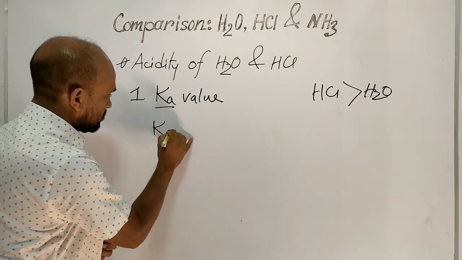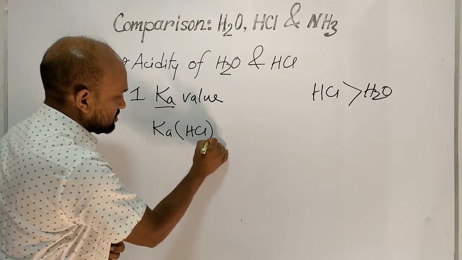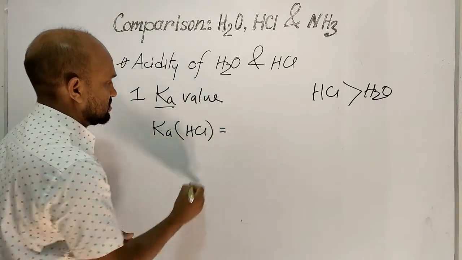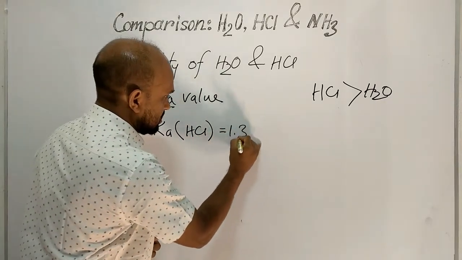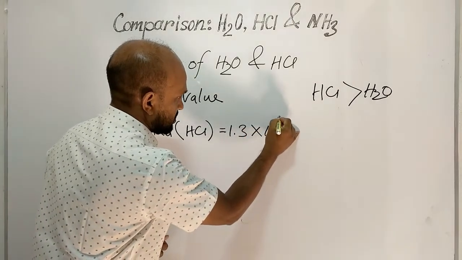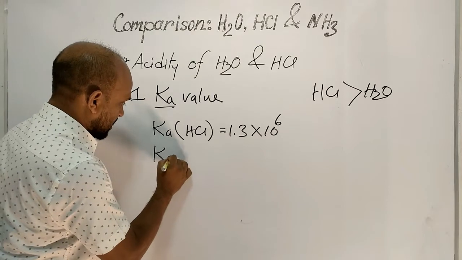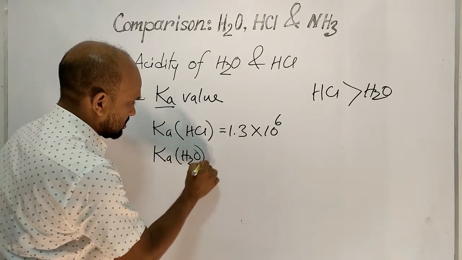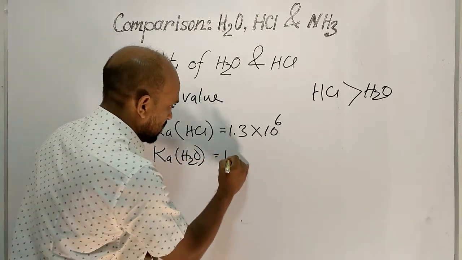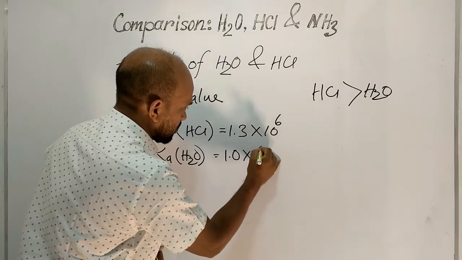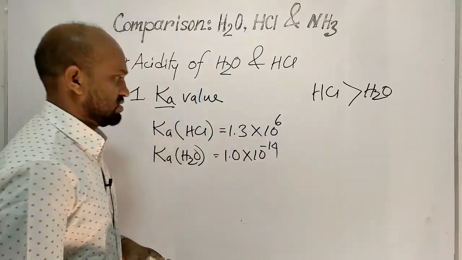The Ka value for HCl is 1.3 into 10 to the power 6, but the Ka value of water is 1.0 into 10 to the power minus 14.